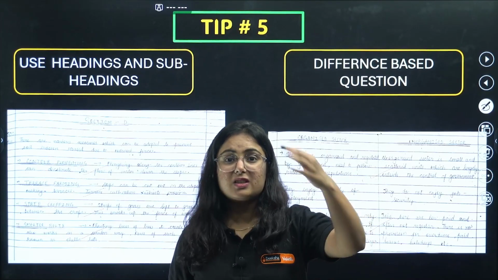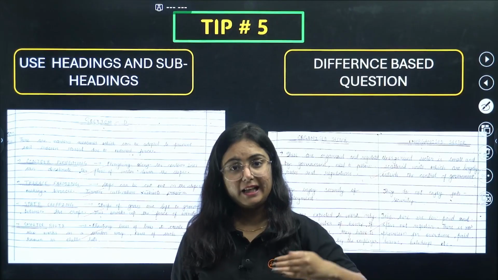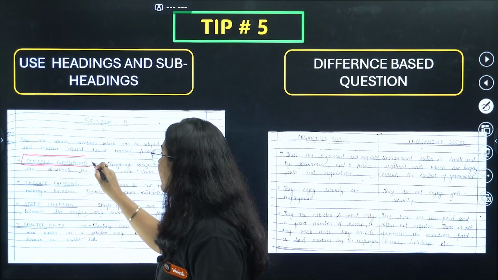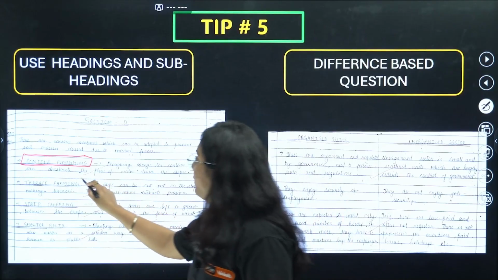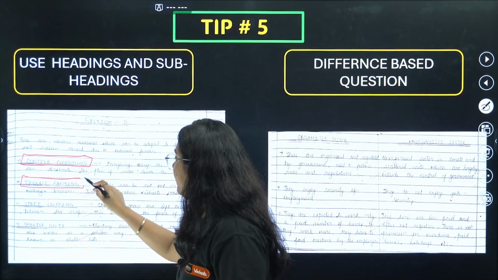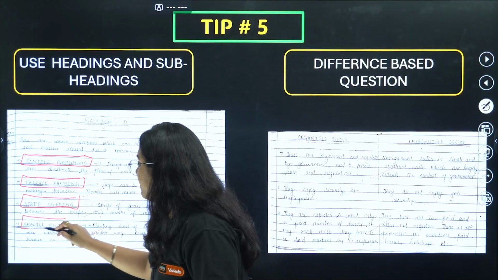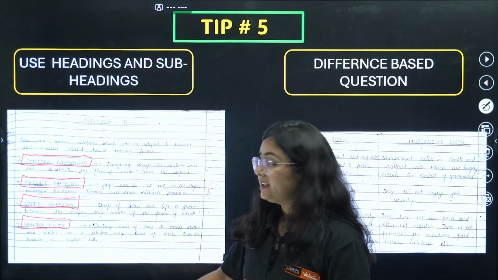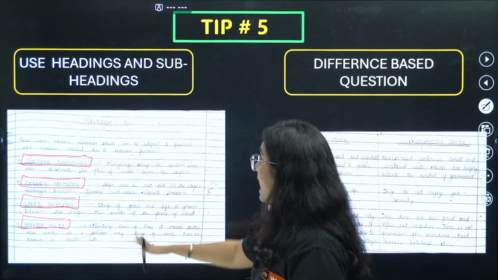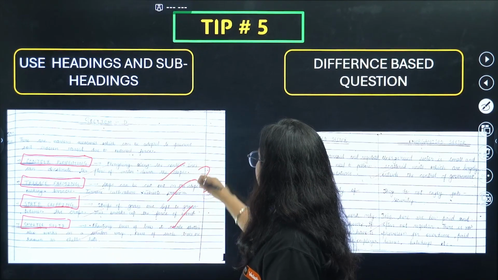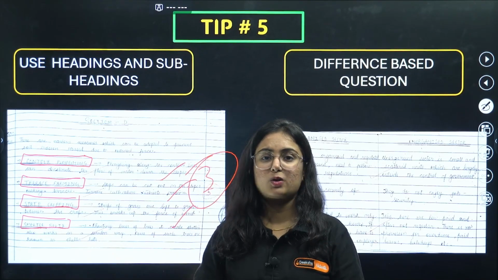Instead of just writing without any heading, you need to choose that, yes, my first one is contour ploughing. Okay, terrace farming. See how I have given subheadings to all my points. Strip cropping and shelter belts. Get it? So if it is for a 3 marker, I have added 4 points, right?